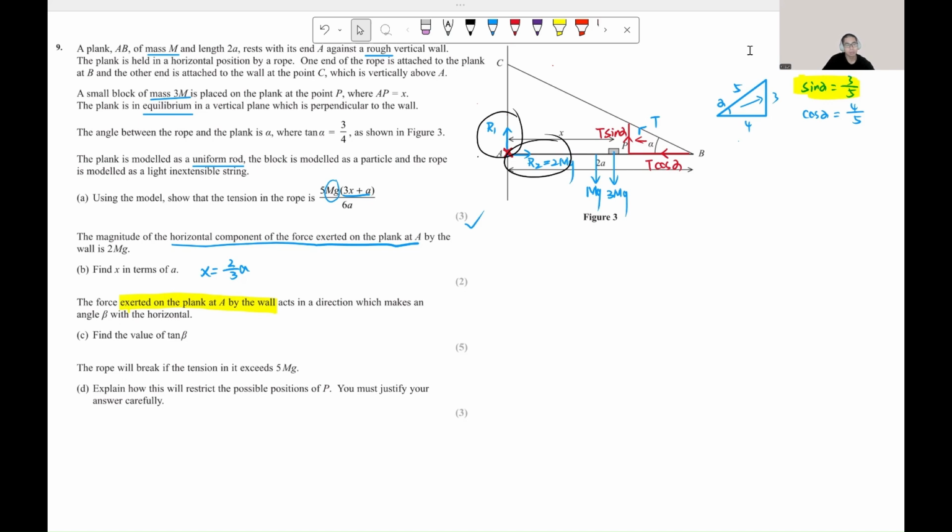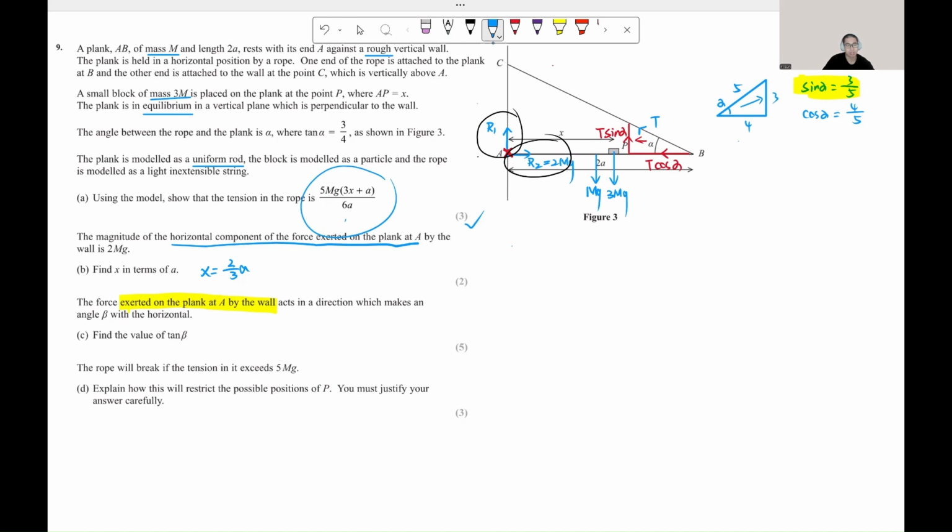The last section. The rope will break if the tension in it exceeds 5 mg. Part D says, explain how this will restrict the possible positions of P. You must justify your answer carefully. We already know what tangent is. Tangent is 5 mg times by 3x plus a over 6a.